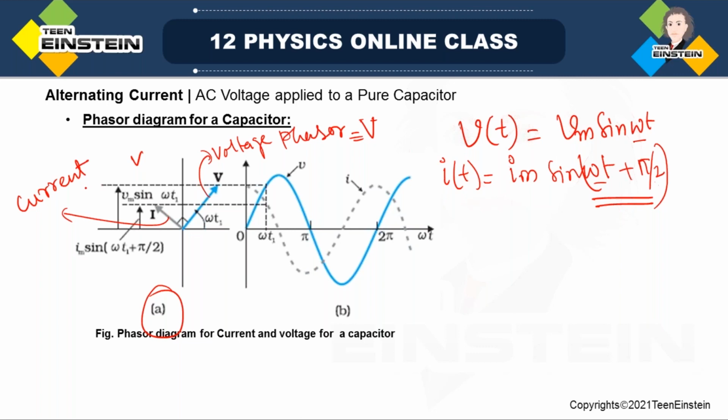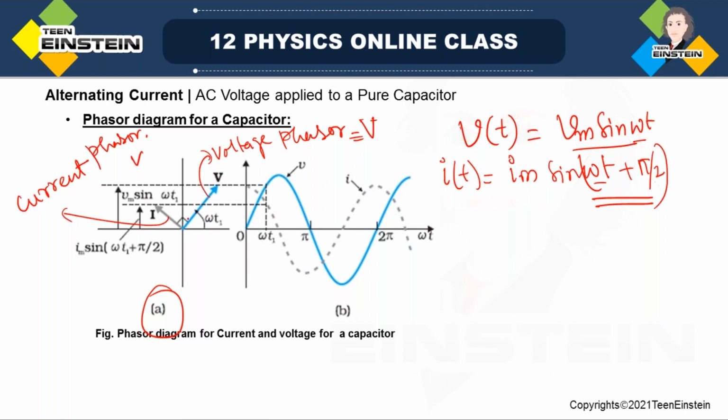Now look, you have to see what is the phase angle between this current and voltage you have got from the analytical method. In the analytical method, we have seen that the current will be leading and voltage will be lagging. So in this figure, the voltage is lagging and current is leading because they are rotating in the anti-clockwise direction.